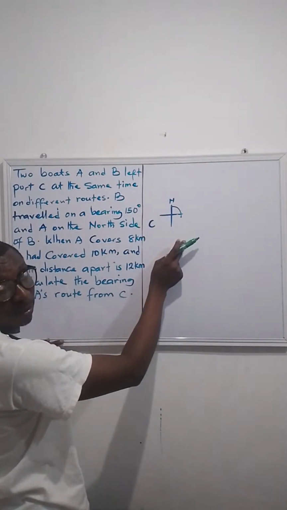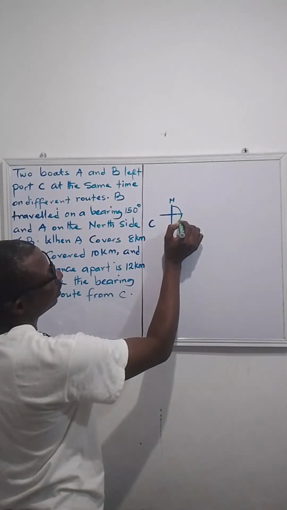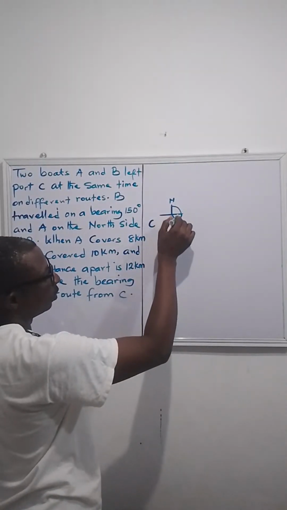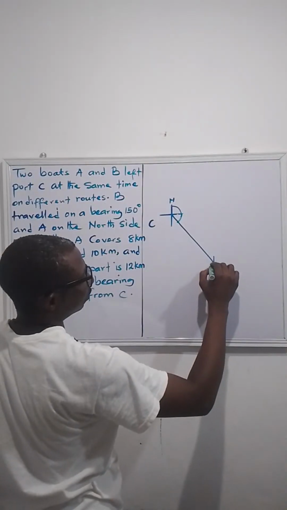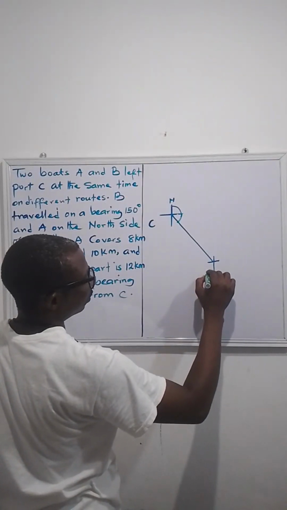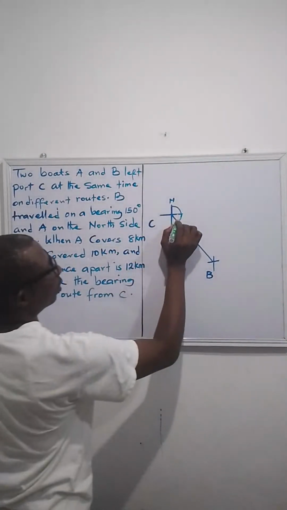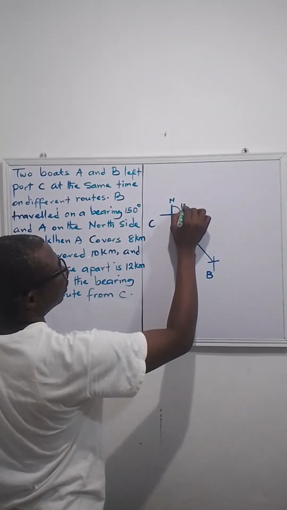I think that should be 60, right? So that means it will tilt towards the south more than the east, and then you bring it down this way. So this is your point B. The bearing is 150 degrees.